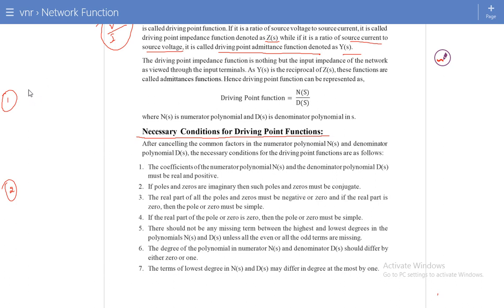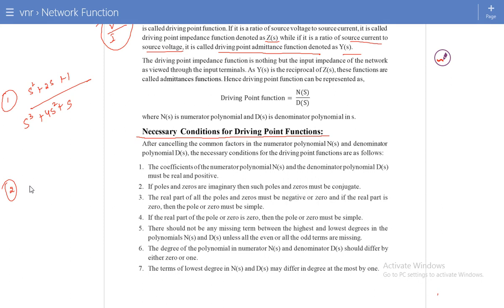The first function I am writing as s square plus 2s plus 1 divided by s cube plus 4s square plus s.